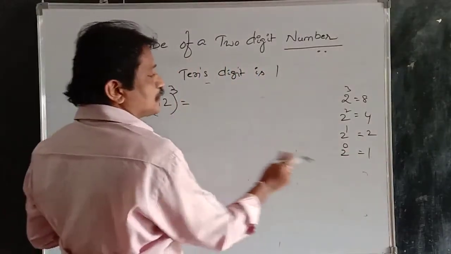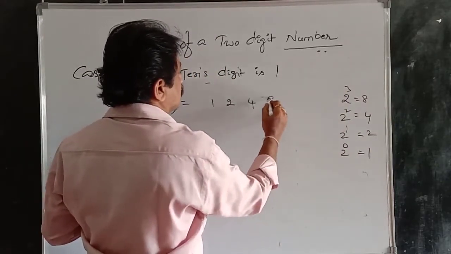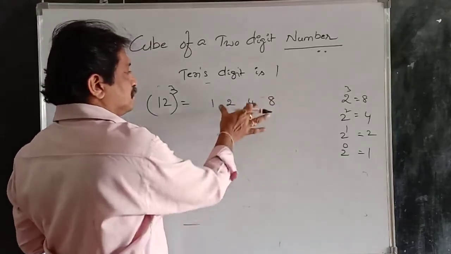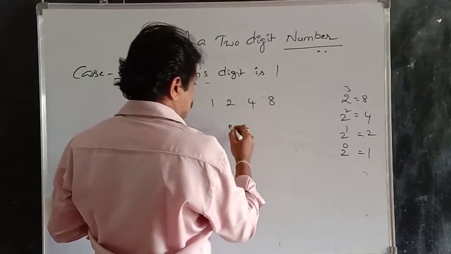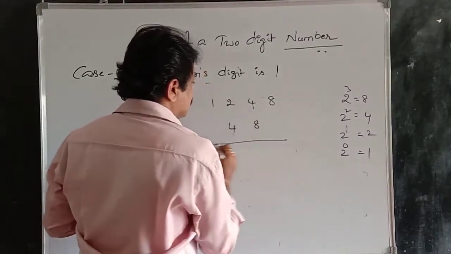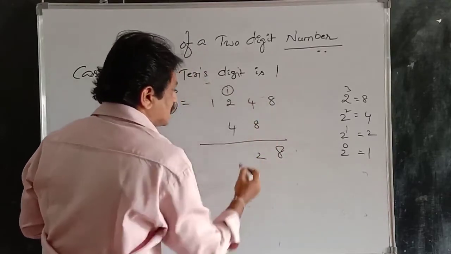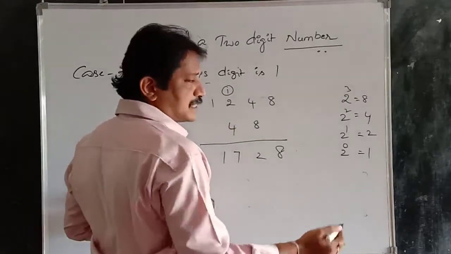So means here you have to write from bottom 1, 2, 4, 8. Leave the first and last digits. Take the middle ones, take the twice of the numbers. 2 fours are 4, 4 twos are 8. 4 plus 8 is 12, 1 is carried here, 2 plus 4 is 6, 6 plus 1 is 7, and 1. 1, 7, 2, 8, that's it.